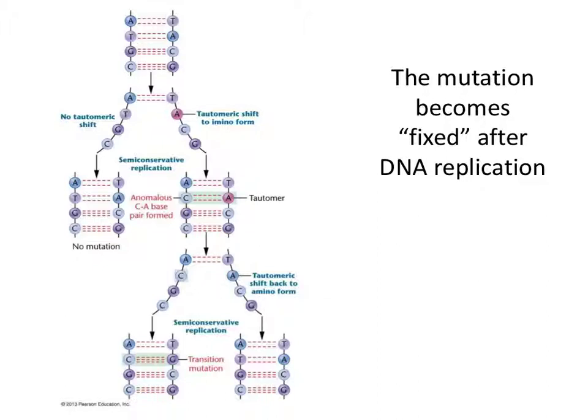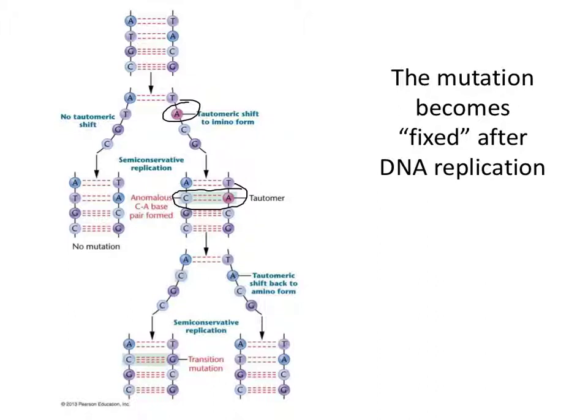If you look at this figure, on the left, we have the scenario where there's no tautomeric shift. All of the bases are staying in their most common tautomeric form. And on the right, we're seeing a situation where this adenine is shifting. It's making a tautomeric shift from the common to the rare form, into the amino form. So if we follow the right-hand side, this tautomeric shift into the amino form has resulted in non-standard base pairing here.